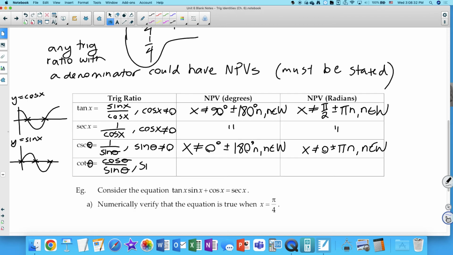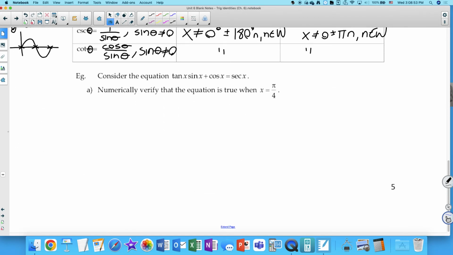So again, sine theta cannot equal 0. Oh, and look, I did it again. I'm not even going to bother. I'm doing a terrible job here, using x's and thetas interchangeably. Don't do what I do. So this is the same because it has the same restriction. So that's just something to think about.